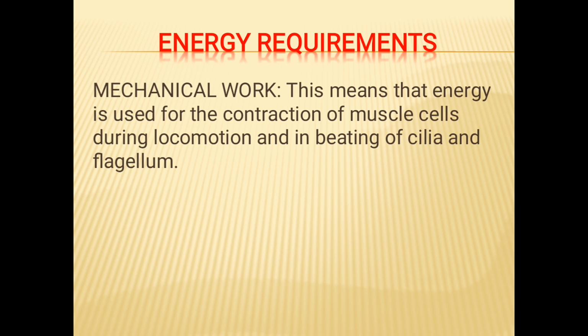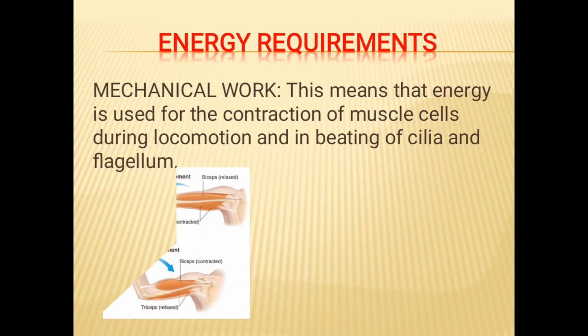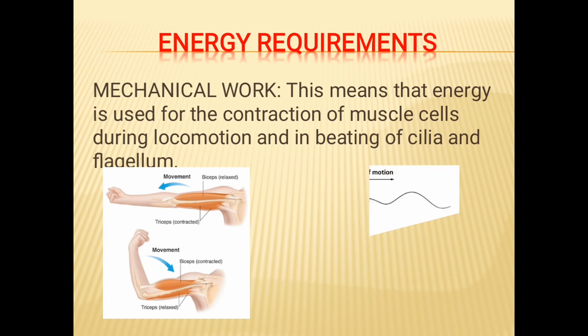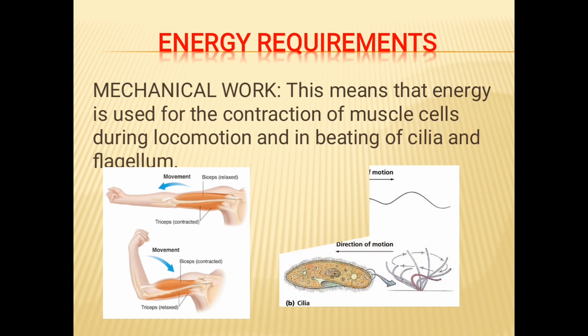When there is muscle contraction and relaxation, the type of energy required is mechanical work. Why? Because when you contract or relax your muscle, a kind of energy is required during this process. And the second one is the beating of cilia and flagellum.